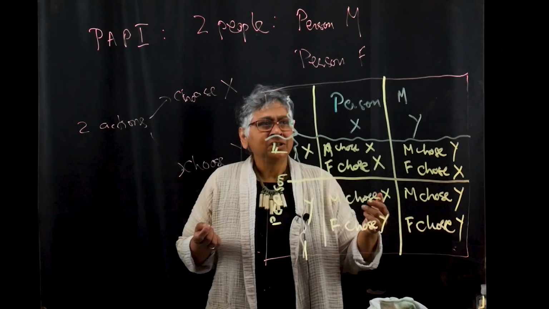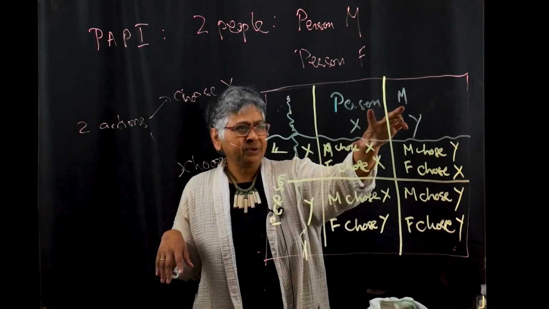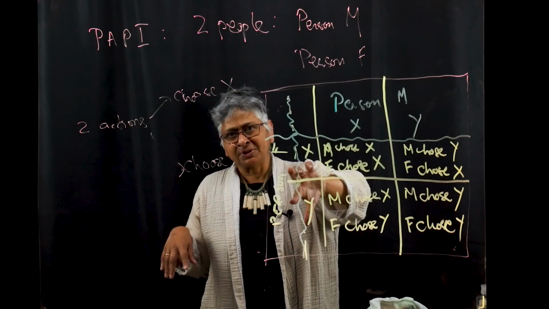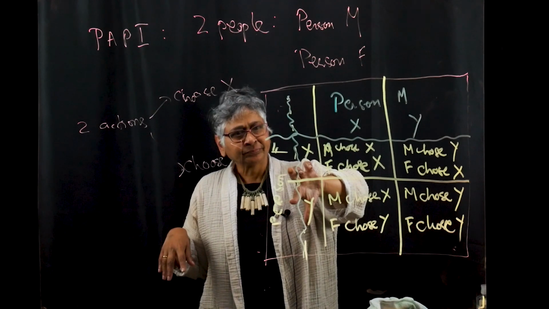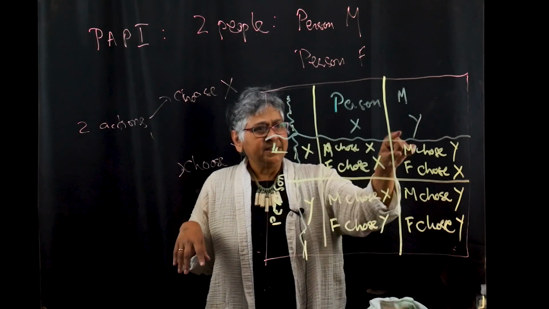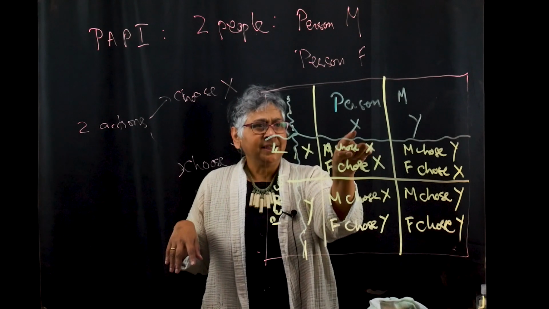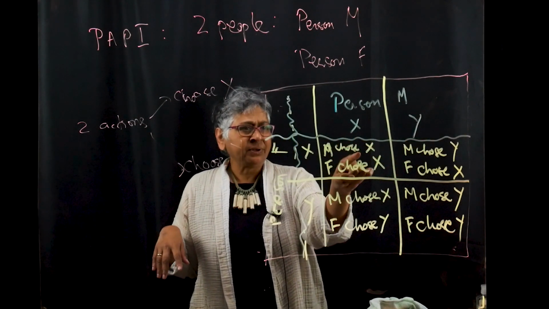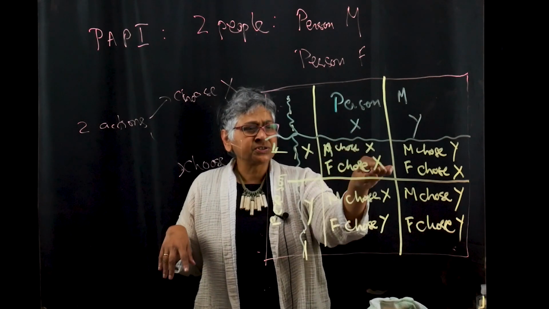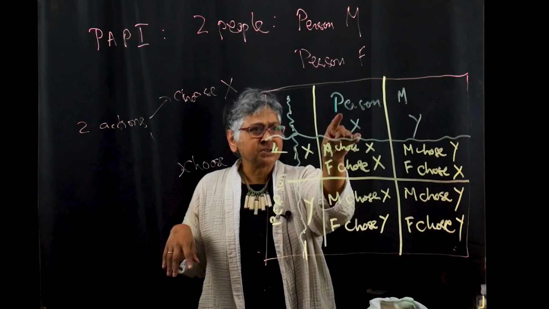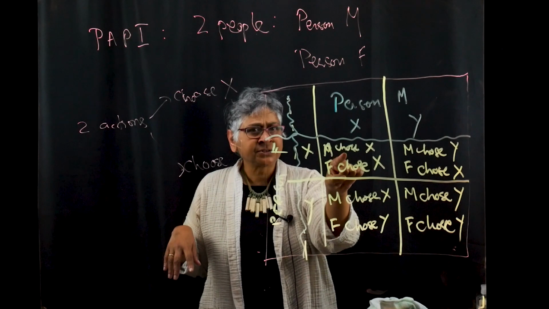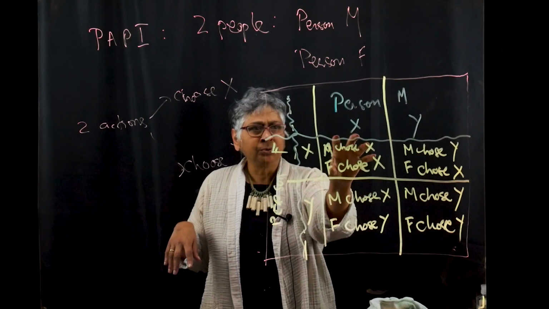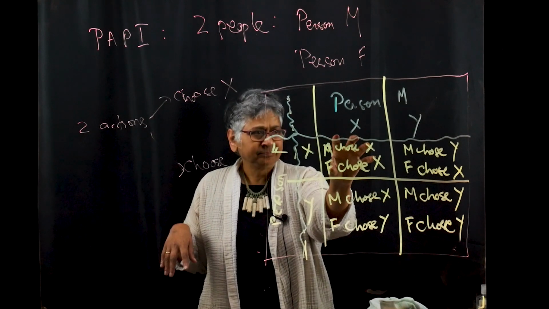So we have 2 people. Up here is person M. Down here is person F. And then 2 actions, X and Y, X and Y. So up here, this box tells me that person M chose X and person F also chose X. Both chose XX.